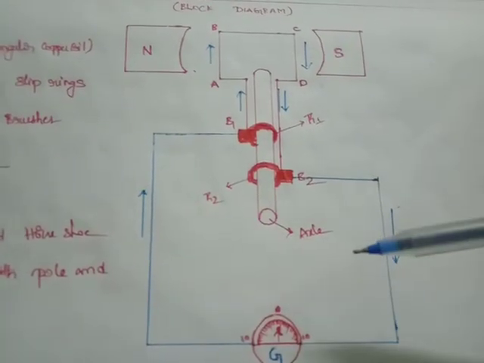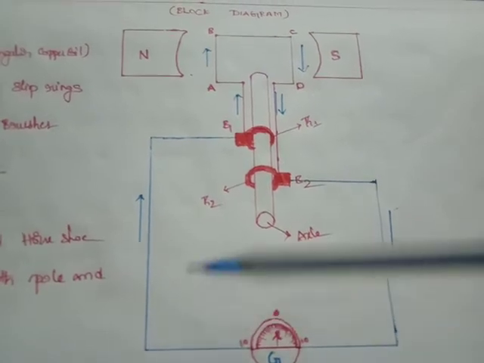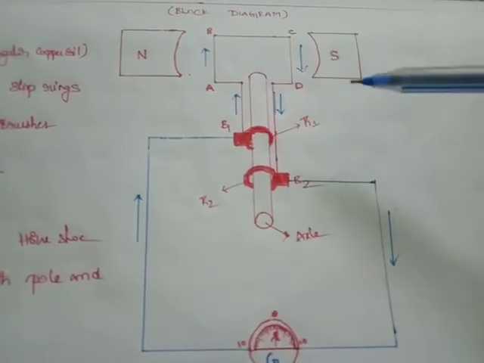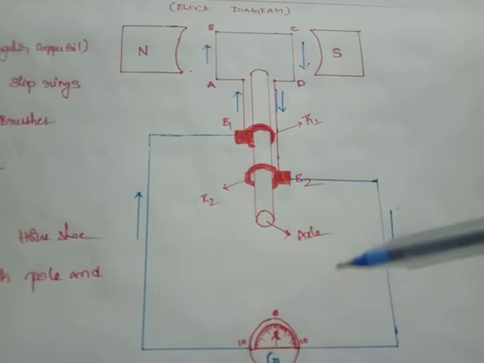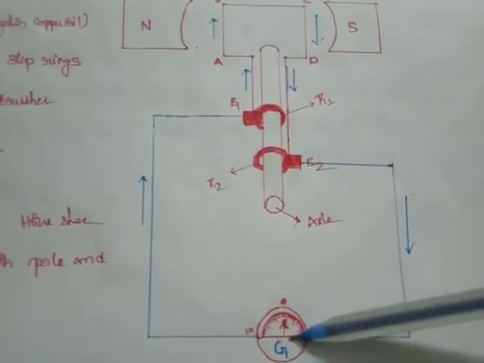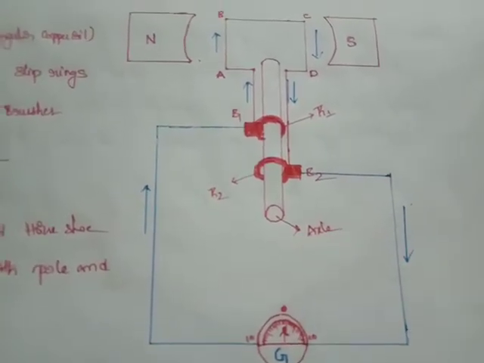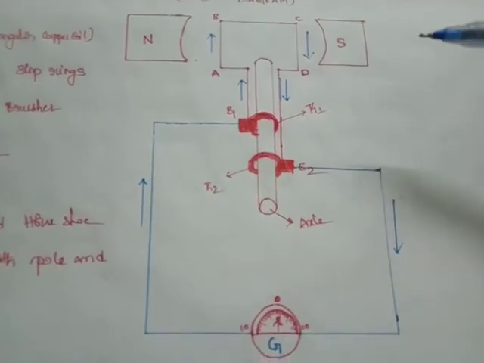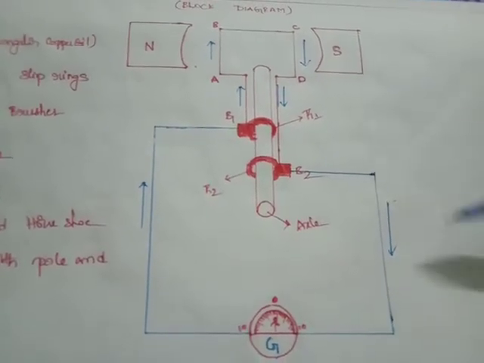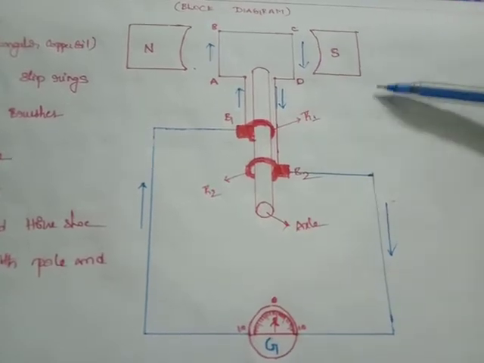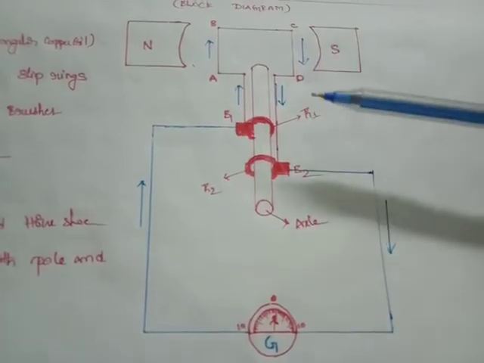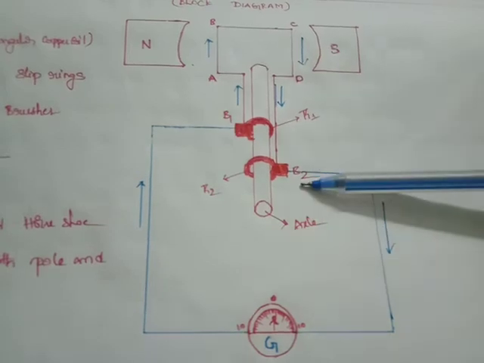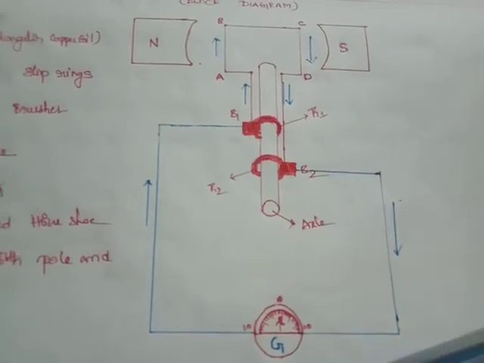The block diagram shows how the current direction is induced in the circuit. The current direction shows on the galvanometer. So this is the block diagram of the electric generator with the north pole of the magnet, ABCD armature coil, slip rings, brushes, axle and galvanometer.